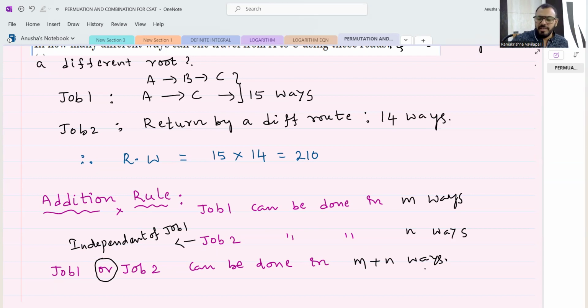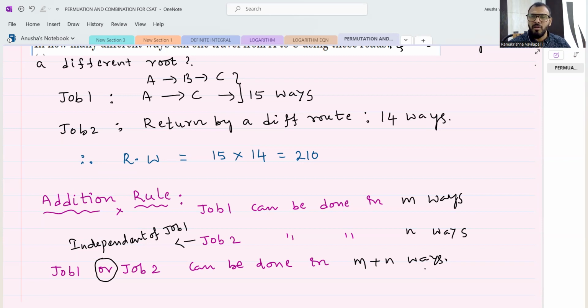there are 20 boys and 15 girls in a class. In how many ways can a class leader be chosen? So the class leader can be either a boy or a girl.